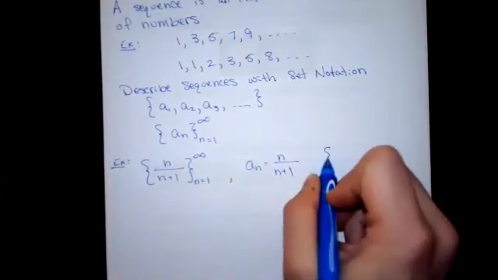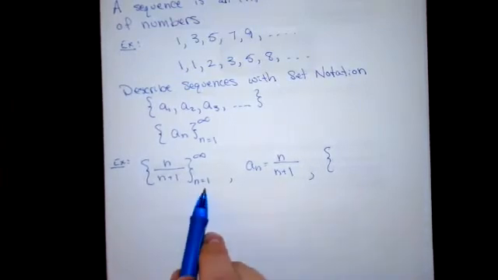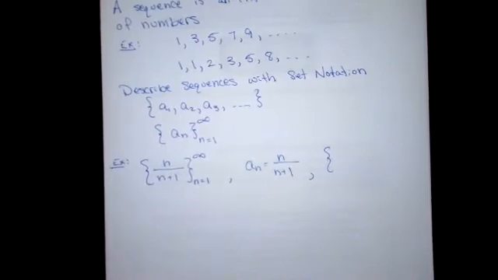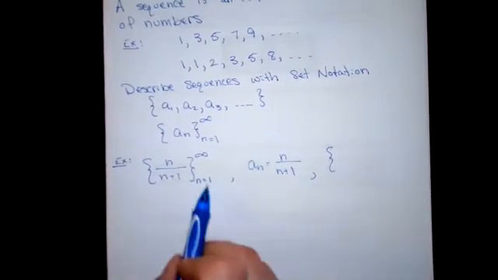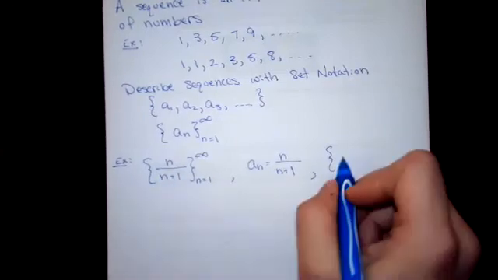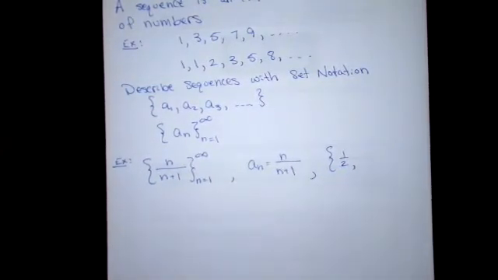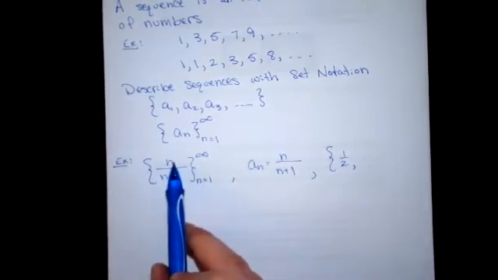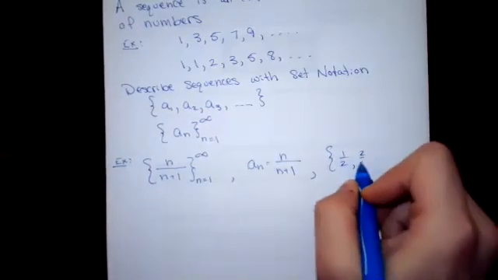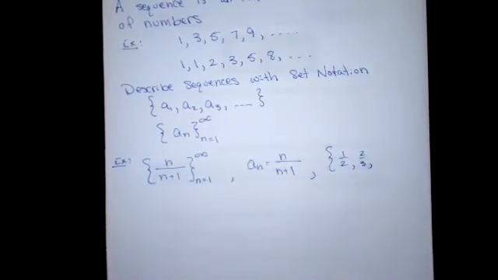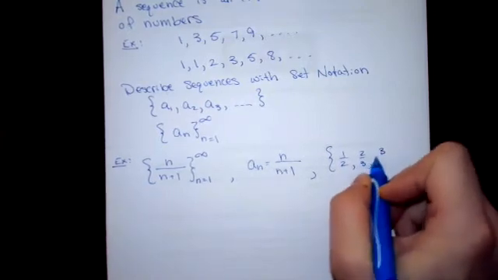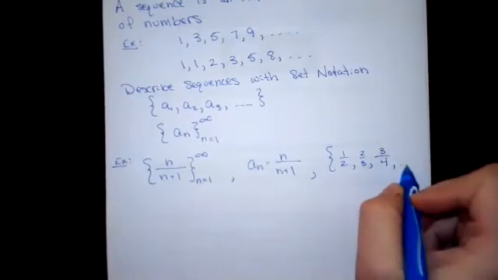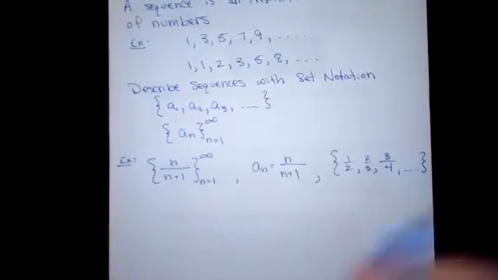Or if I want to list out all the numbers, we usually start our n's at 1. Sometimes n will start at 0. Sometimes it'll start further down the road at 2 or 3 or something like that. If I plug in 1, what do we get? We get 1 over 2 is my first number. And then we pick the next successive integer. So the next value we pick is 2. When n is 2, we'll get 2 over 3. When n is 3, we'll get 3 over 4. And then that'll keep going.